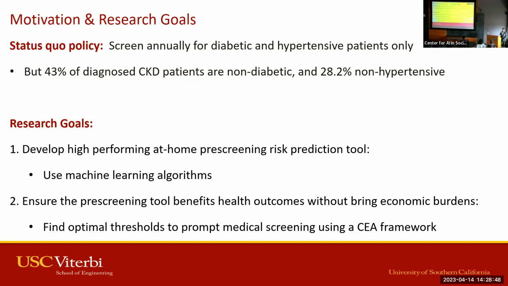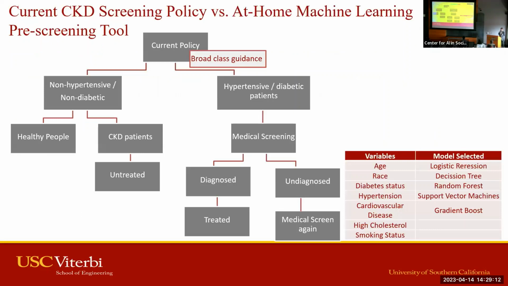And because there are a lot of thresholds associated with the pre-screening tool, we want to find the optimal threshold to implement in practice. We can promote health outcomes and also avoid excessive spending on medical costs. And we will do this analysis using the cost-effectiveness analysis framework.